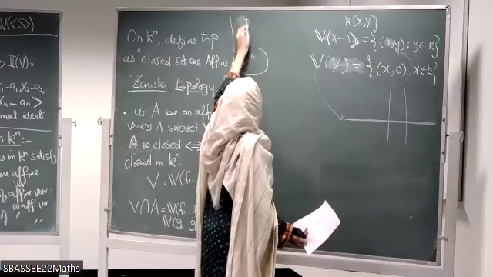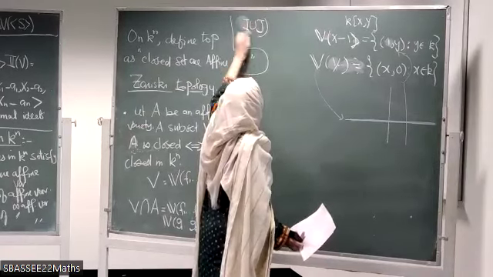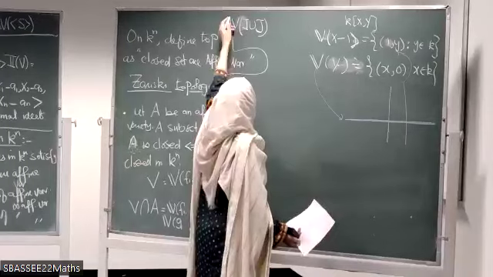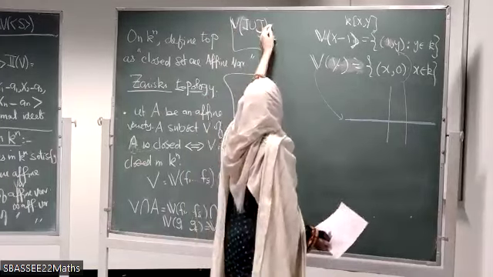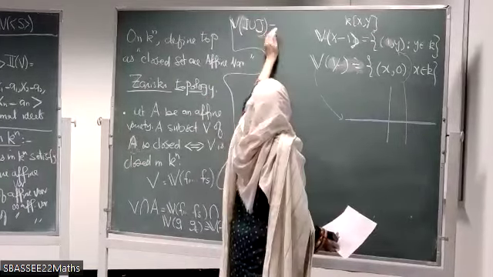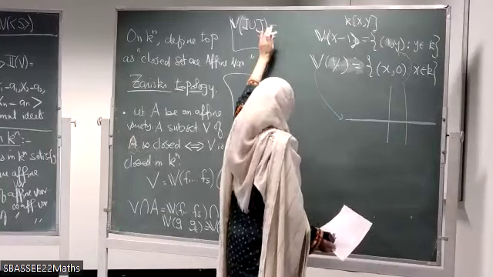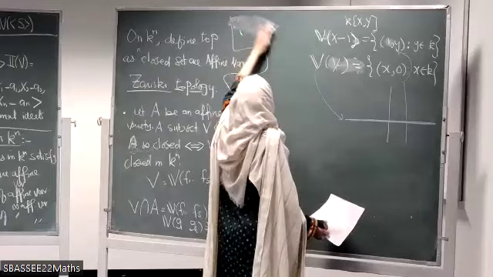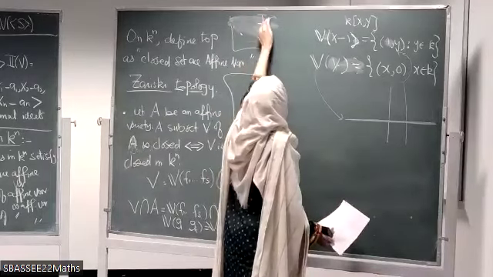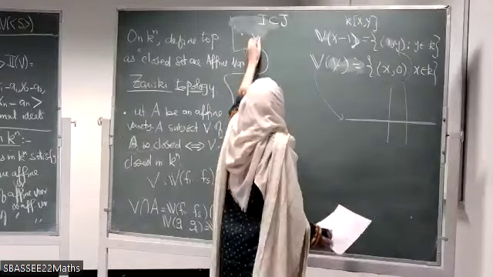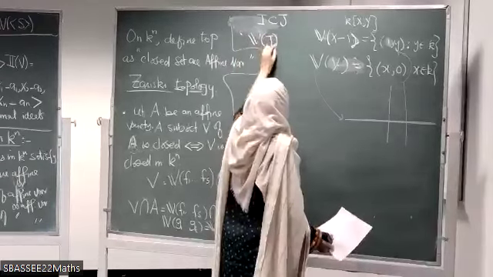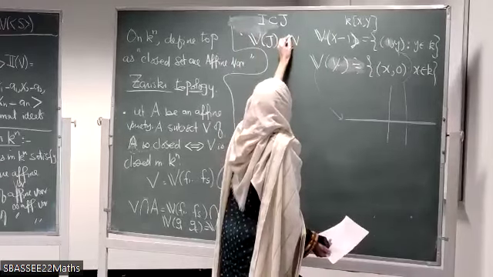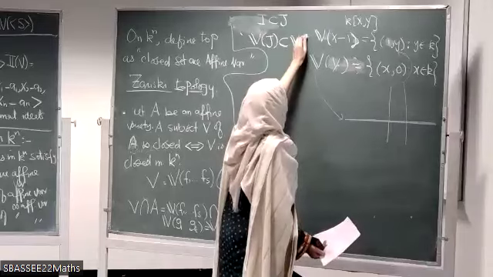So this is the ideal. You have I contained in J, then the varieties just satisfy this relation, the opposite. Right?